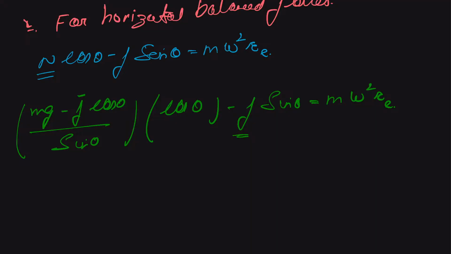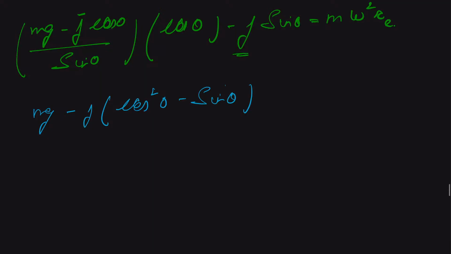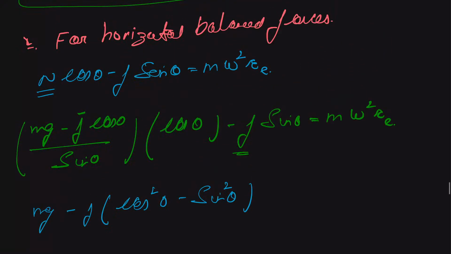So we are going to solve it by multiplying the sine of theta, and we get this as mg minus, we will be getting this as cos square, so f we can take as common, so this will be coming as cos square of theta minus sine square of theta, and one second, it's minus or plus.